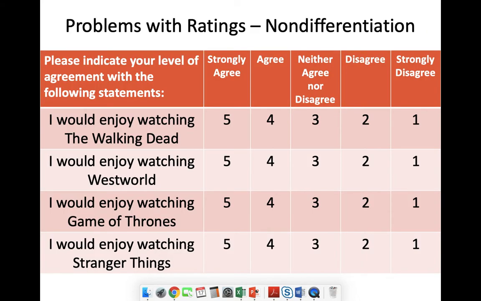So first, just an issue with non-differentiation, just to see what this would look like, is basically putting the exact same answer for all questions. And this could be somebody's true response. I mean, with these particular questions, it would be surprising that people would disagree that they would like watching The Walking Dead, Westworld, Game of Thrones, and Stranger Things.